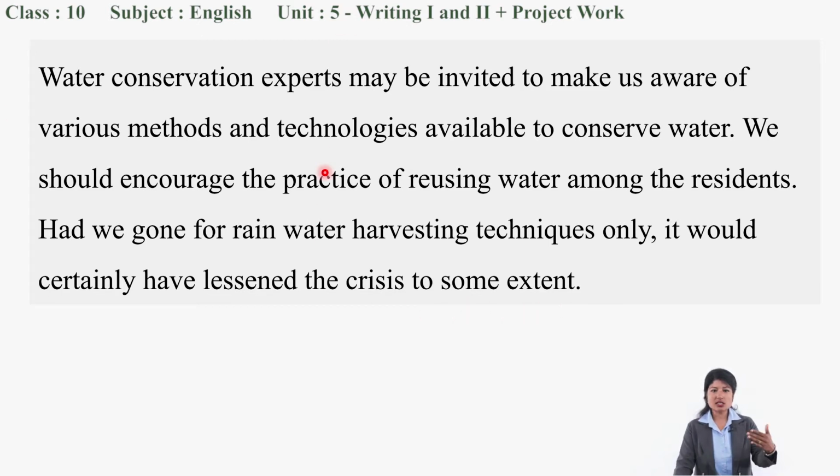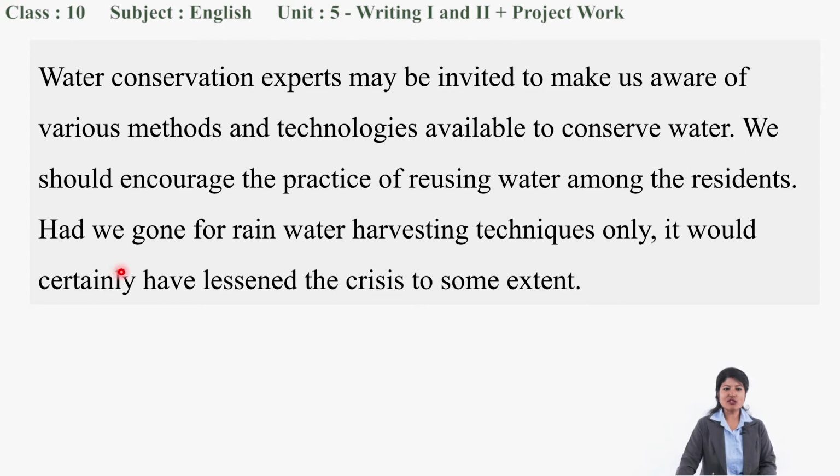So the suggestion continues on how the water shortage problem can be solved, like calling the experts, making them aware about it, the practice of reusing water, and how rain can be harvested. And do you remember this structure?